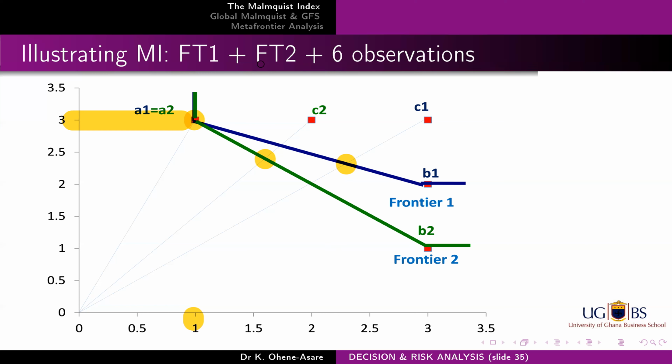Remember, we're not talking about C2. We're talking about C1. Stephen Morrison, you are closer. It's around 2 point something. Now of course it cannot be 2.5, because you can see that 2.5 goes to hit the frontier somewhere there, so it will not be 2.5.